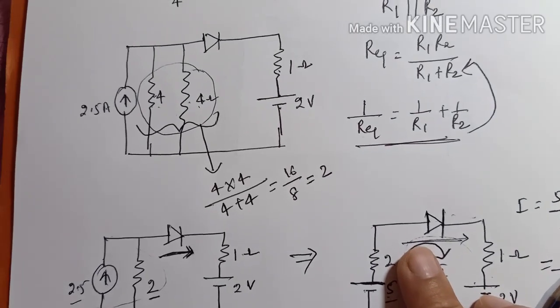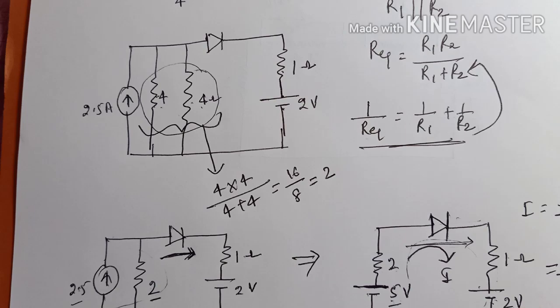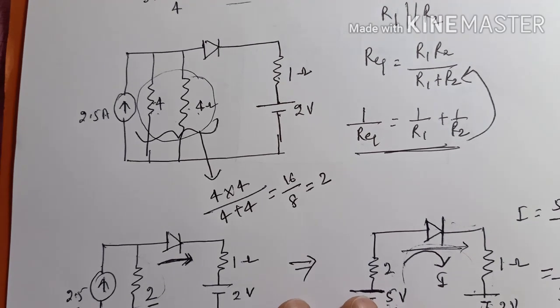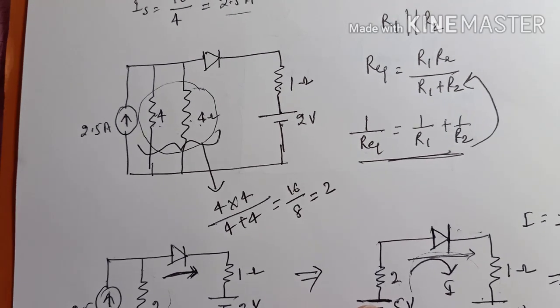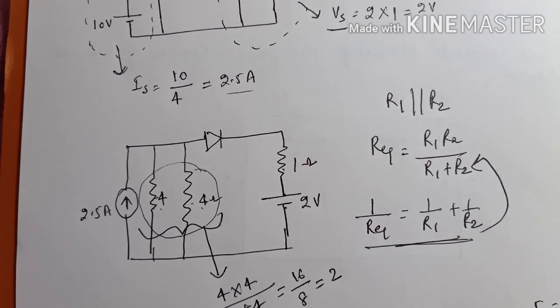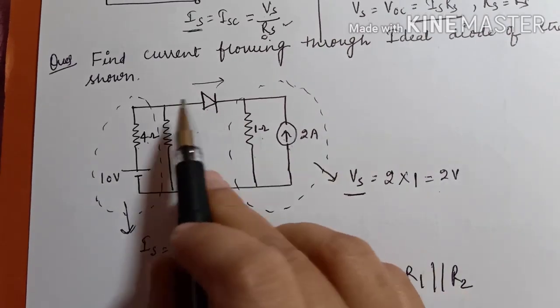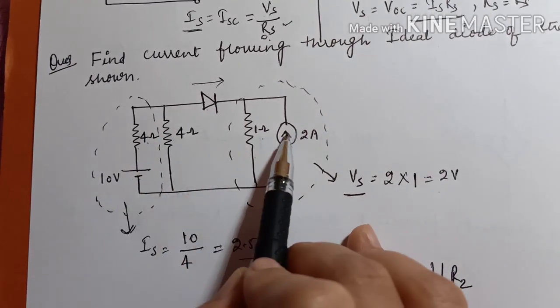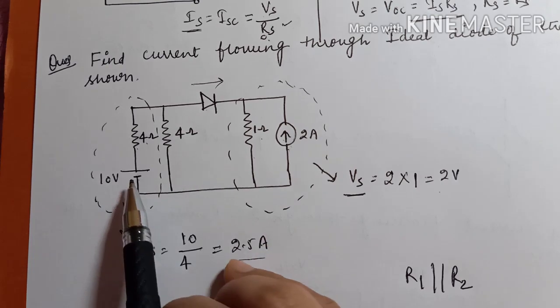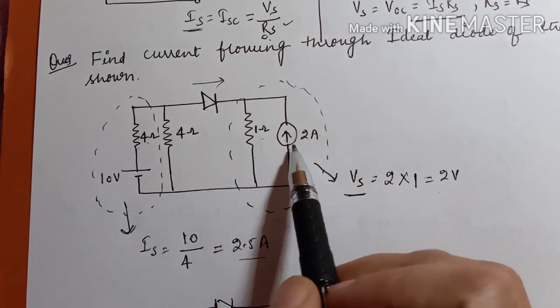You now know how to convert a voltage source into a current source or a current source into a voltage source, and how to apply this concept while solving circuits or simplifying any complex circuit. Clear? In this diode question, two sources were present. One was your voltage source, another was your current source.